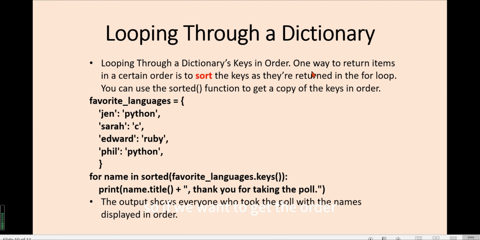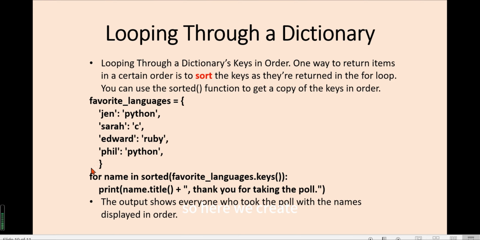So if we want to get the dictionary's keys in order, we have to use the sorted function. We have to sort the keys before we do something.